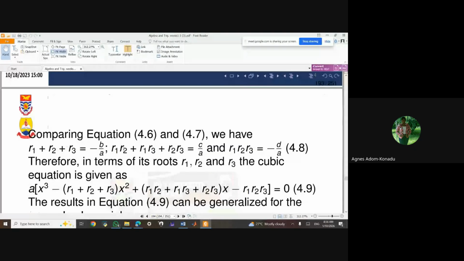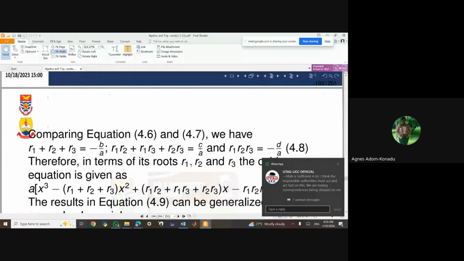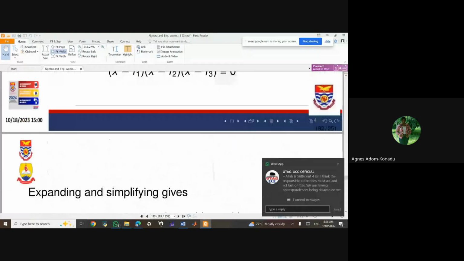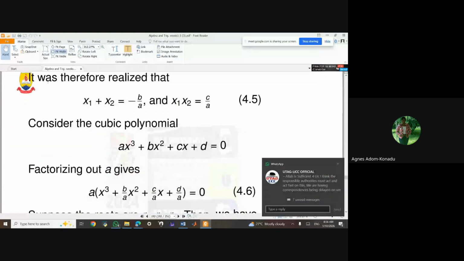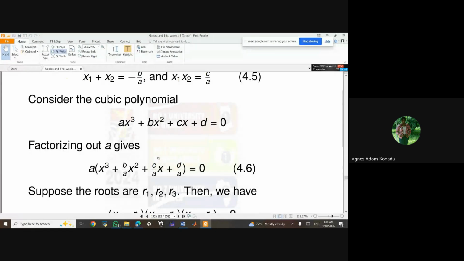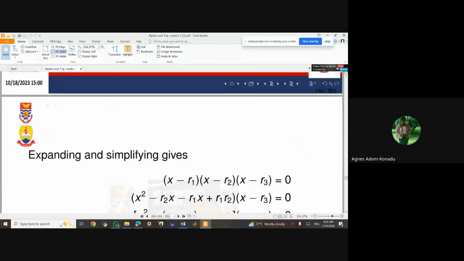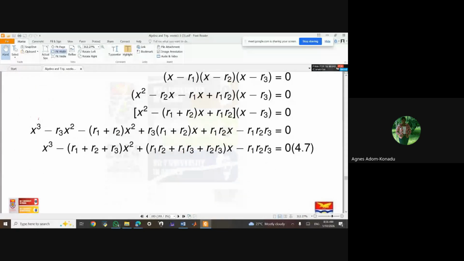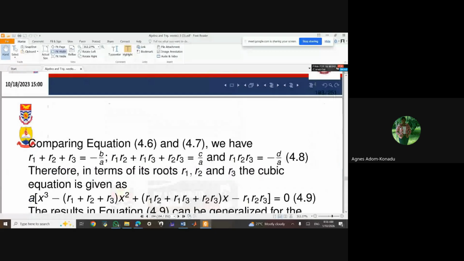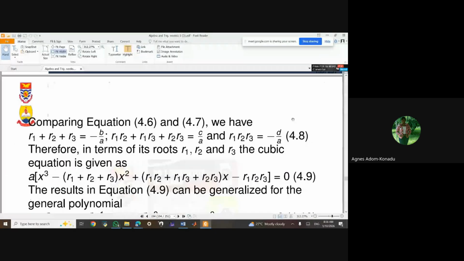And then the summation of the products of two of the roots is equal to c over a. I think you can see it here. And then the product of all the 3 will be d over a, and I think here is negative, so it's negative d over a. So the product of all the 3 will give me minus d over a.